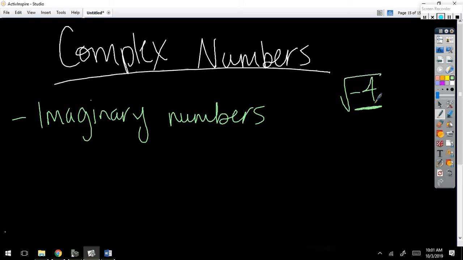But what we are going to do is use imaginary numbers. So if I told you that the square root of -1 is, because everybody always says imaginary, what?